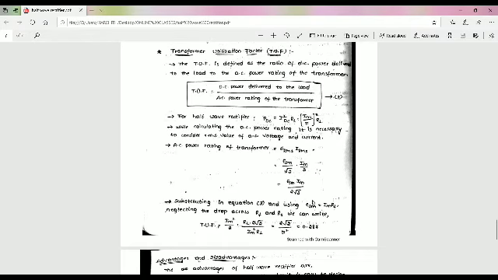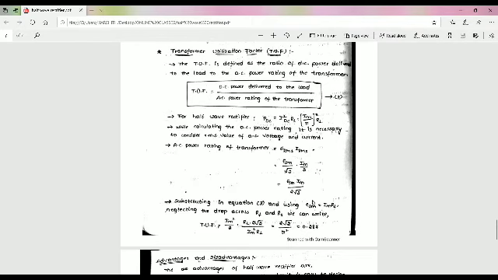So, TUF equal to DC power delivered to the AC power rating of the transformer. Substituting this DC power and AC power, TUF equal to 0.287.